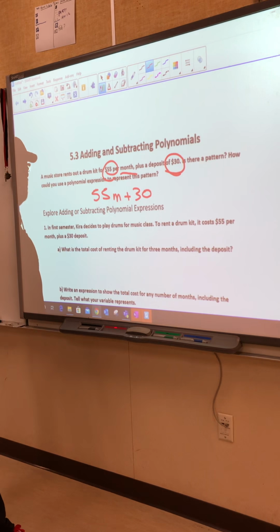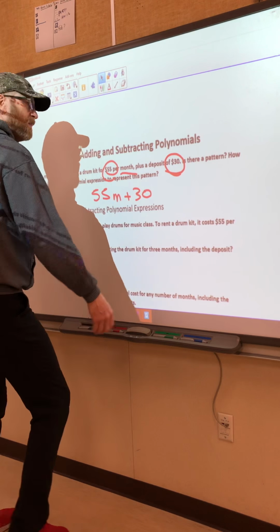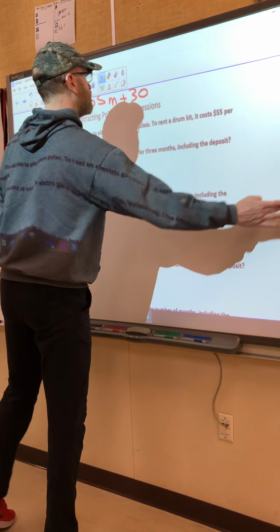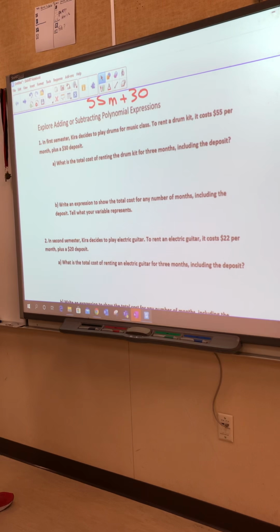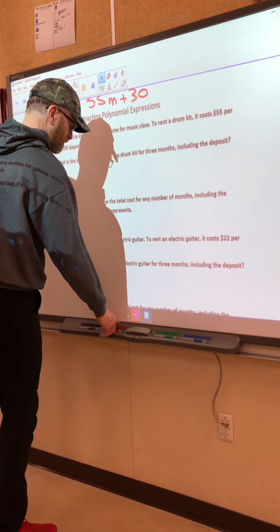How's that for easy? Explore adding or subtracting polynomial expressions. In first semester, Kira decides to play drums for music class. To rent a drum kit, it costs $55 per month plus a $30 deposit. What is the total cost of renting the drum kit for 3 months, including the deposit?